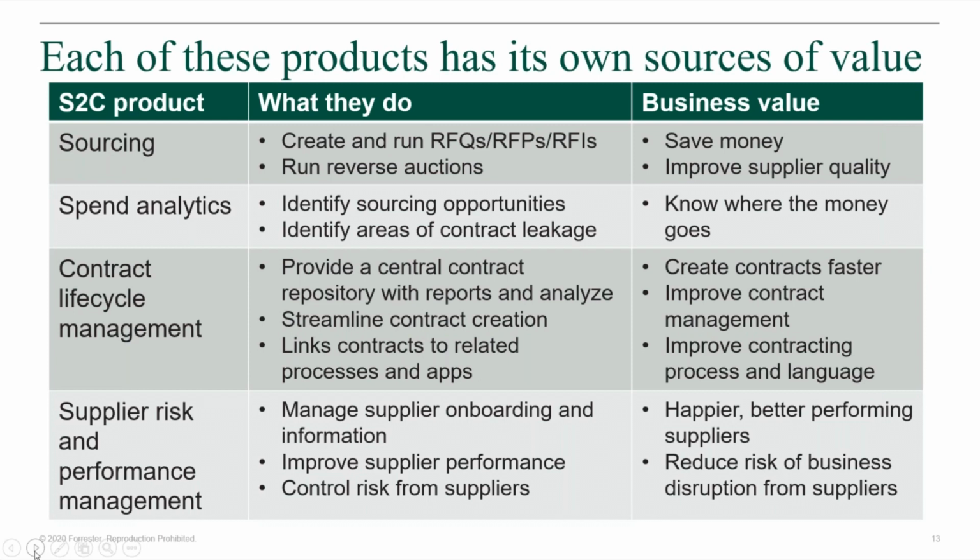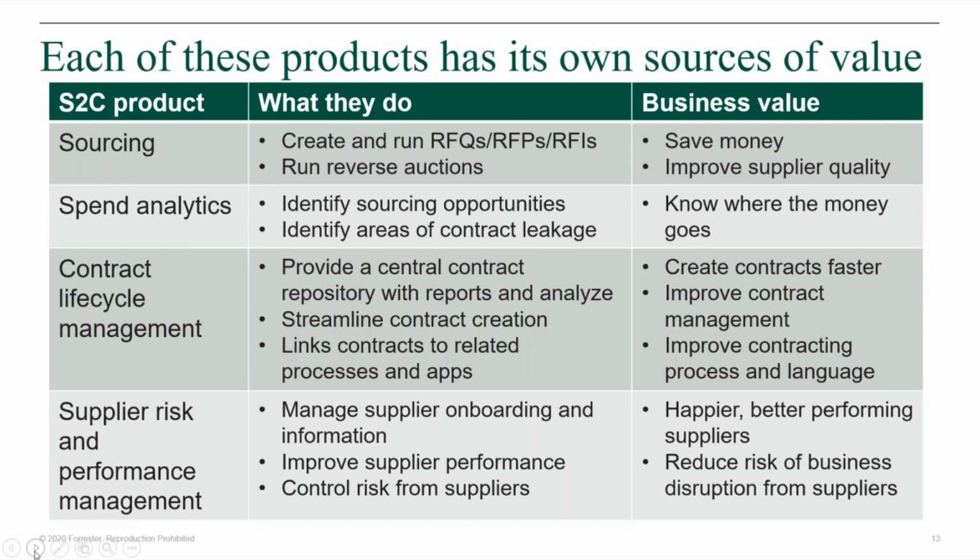Supplier risk and performance management, as I call it, includes the basic task of managing supplier onboarding information, having one source of truth about the supplier. It gives you data about how your supplier is doing and how you can improve that performance. And it helps you control the risks that arise with your suppliers, whether it's performance risk, reputational risk, or financial risk, to understand and manage those better.